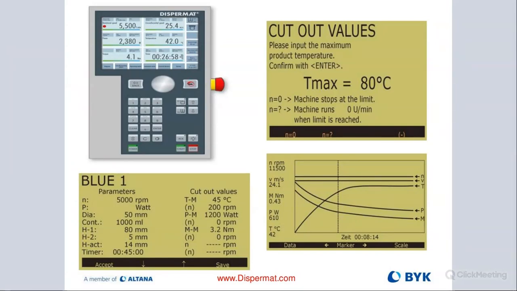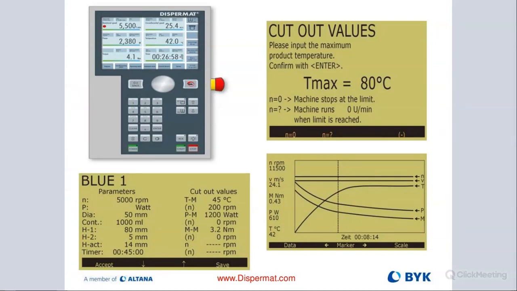We can give products a name or a batch number, and then we can also program the important parameters into our batch. For example, the amount of energy we want to put in, or the RPMs, what diameter milling disc or blade diameter we had, what type of container, the size. H1, H2 is basically our safety threshold.